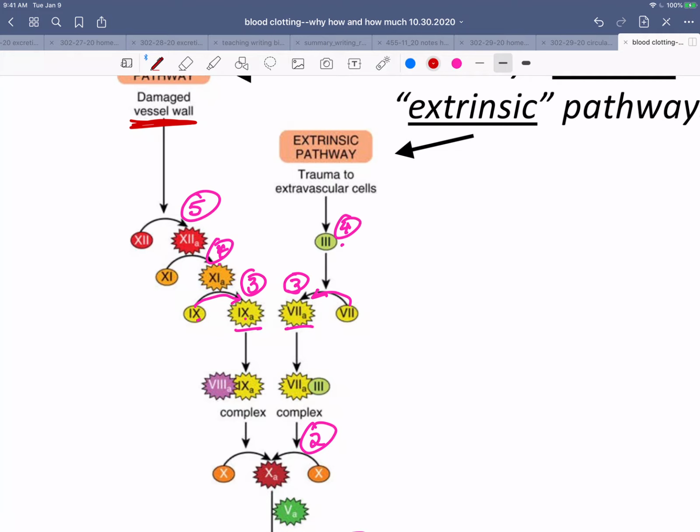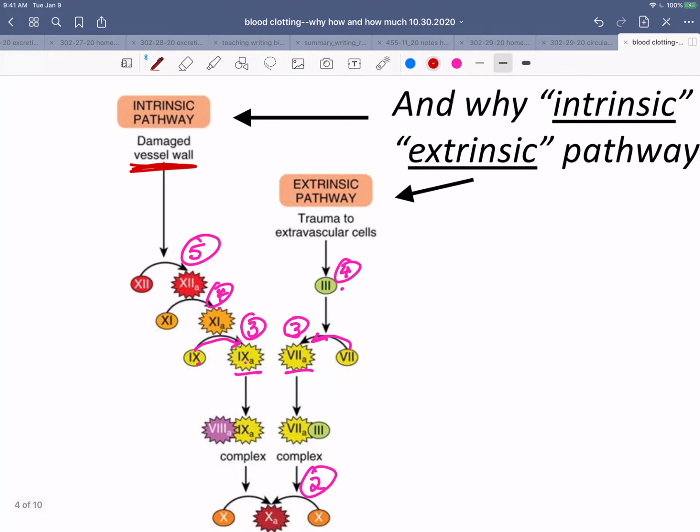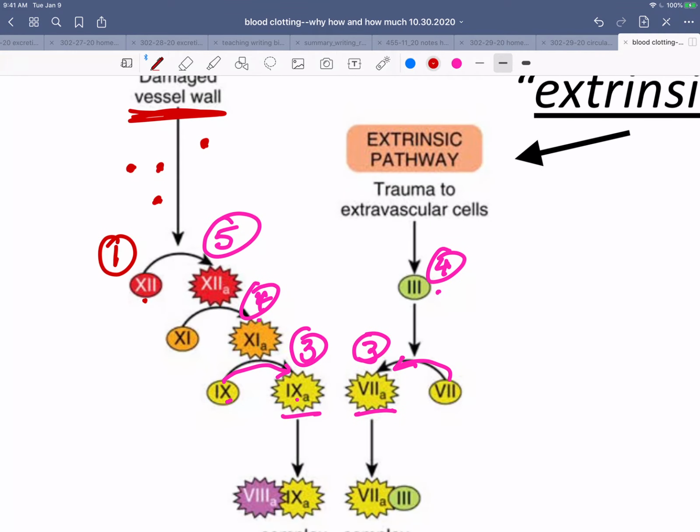Then we might have the damage to the vessel wall causes release of some molecules, and that release of molecules at the first step might activate one inactive factor 12 to active factor 12A.